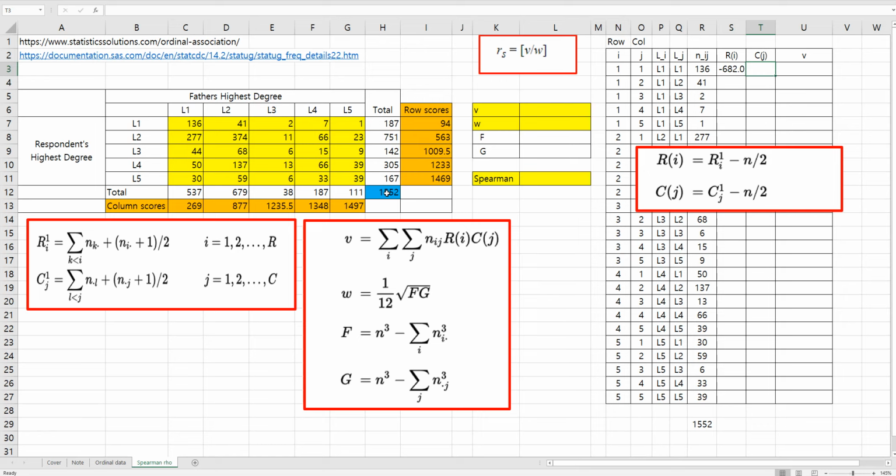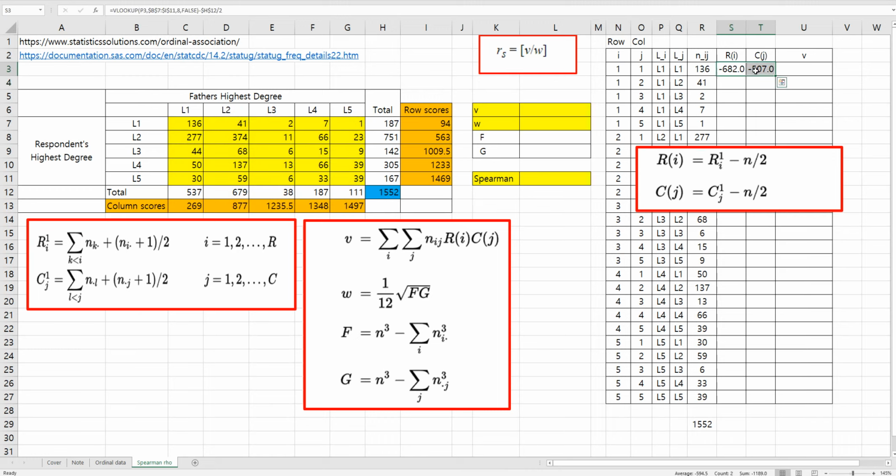We can also use HLOOKUP, comma, lookup table here, and press F4 to fix it, and comma 8, comma first, and minus total sum, fix this one and divide by 2.